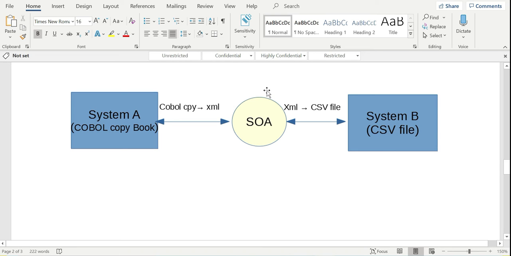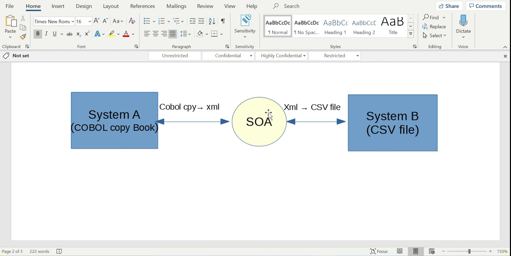So SOA will read the global copybook data from system A and convert it into XML format. And again, while writing to system B, that is the target system, it will convert the XML data into CSV format, that is the target format.